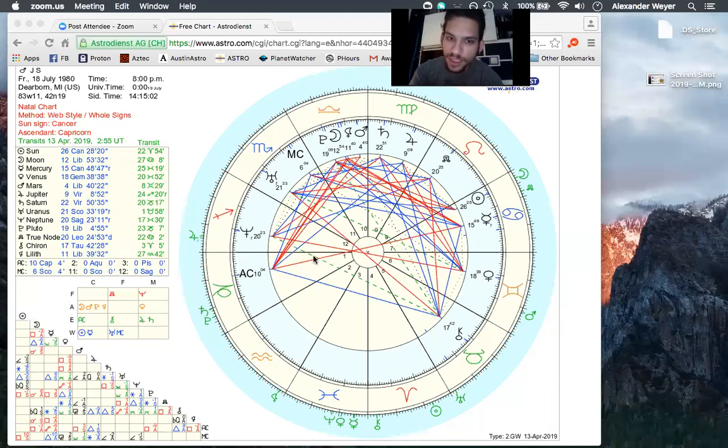So the direct relationship between our first impression, rising sign energy, and our capacity to speak with others emotionally has an opposition effect in this chart. So there's an element of tension and contrast there.